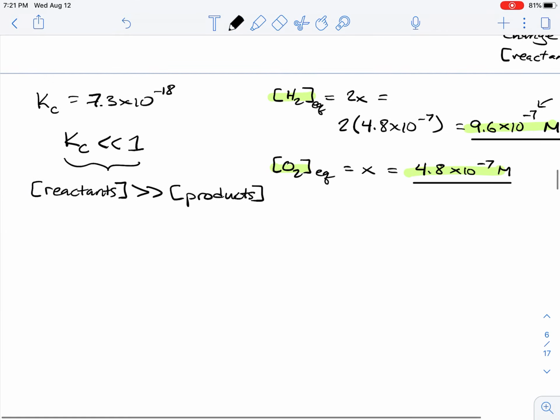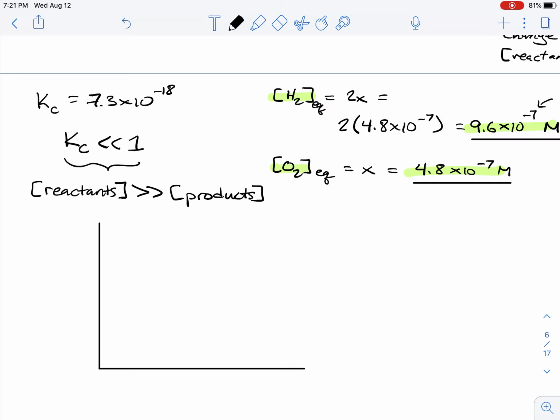If I wanted to create a concentration versus time graph that represents Kc far, far less than 1, notice that reactants is greater than products, so I'm going to have 2 lines. This one represents the reactants this time, and this line represents products.